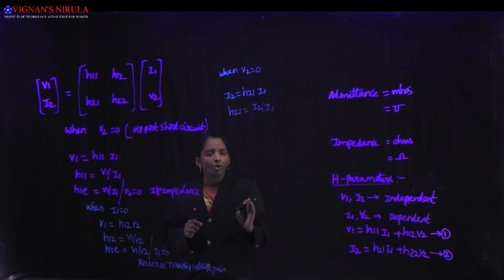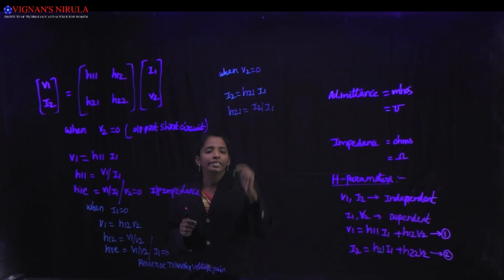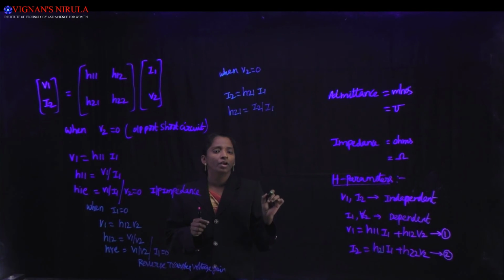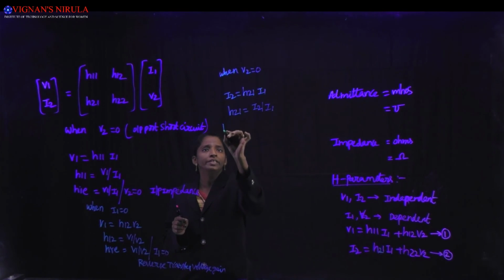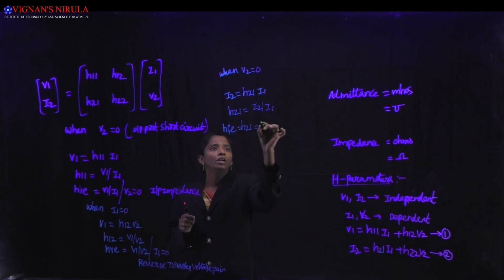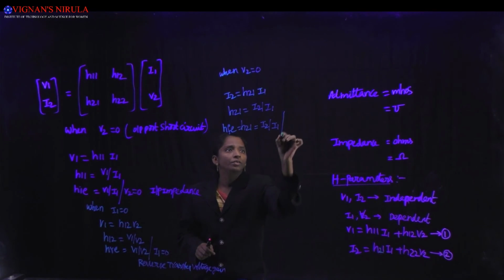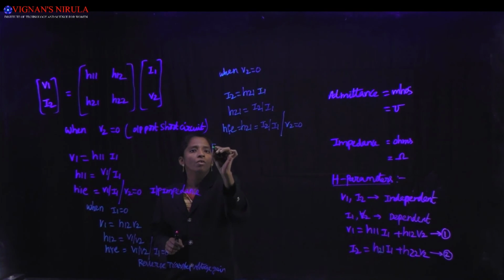It is in the proper order. So the general equation for current gain. It is also known as the forward current gain, forward transfer current gain. So it is written as HFE equal to H21 equal to I2 by I1 at V2 equal to 0. This is called forward.